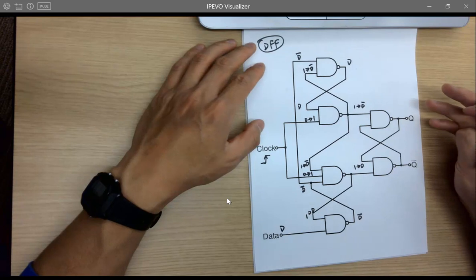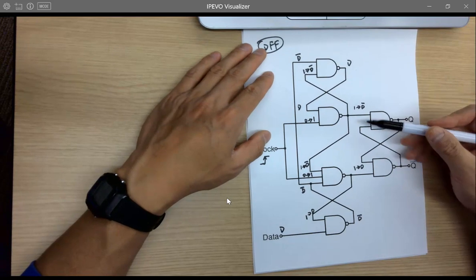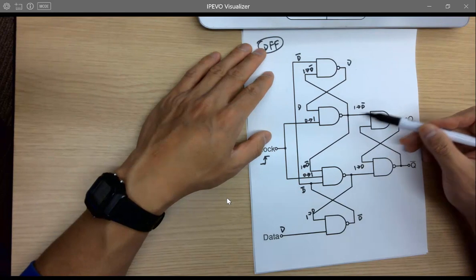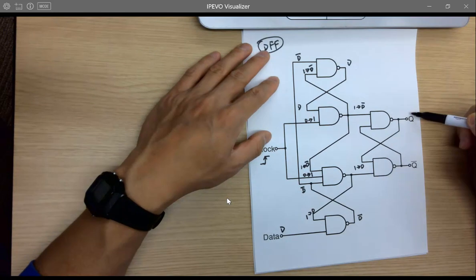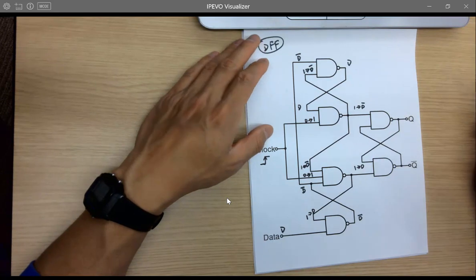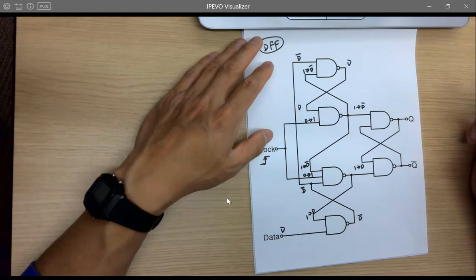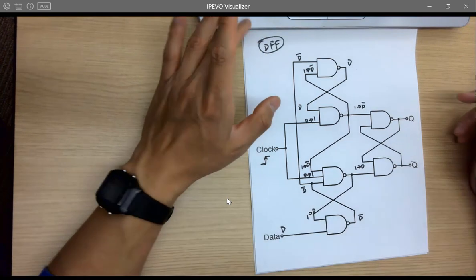Okay, so if you have D naught and D, are you getting a D here? How do you verify that?